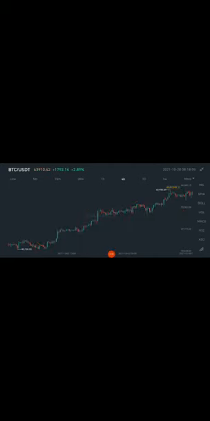This is what I mean: price went all the way up, came down a bit, went up, broke this high, came down a bit. After two highs, and confirming this low and also this low, that is a confirmation that we are in an uptrend. So from this point, we are only interested in buying.